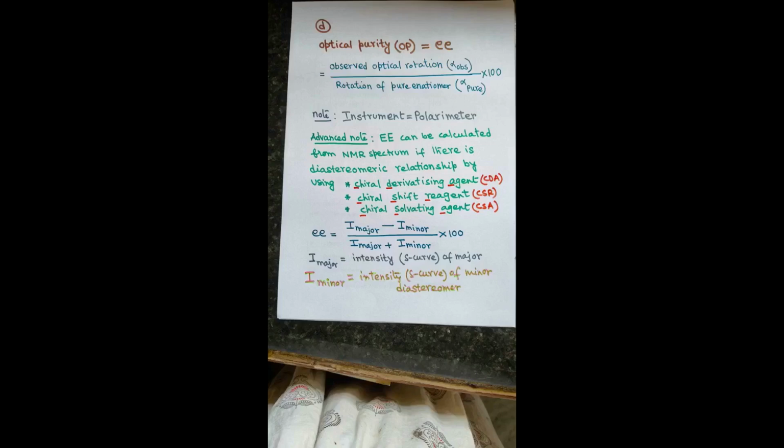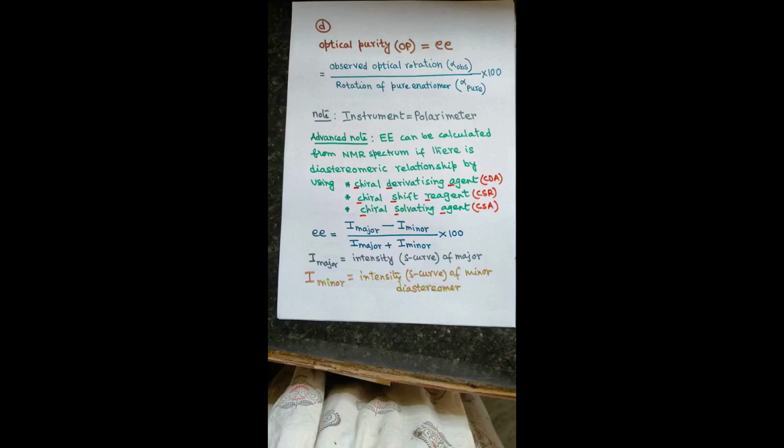Now this alpha observed value will be obtained by measuring in polarimeter instrument, and enantiomeric excess can also be calculated from NMR spectrum if this enantiomeric relationship can be converted into the diastereomeric relationship by chiral derivatizing agent, by chiral shift reagent, or by chiral solvating agent.